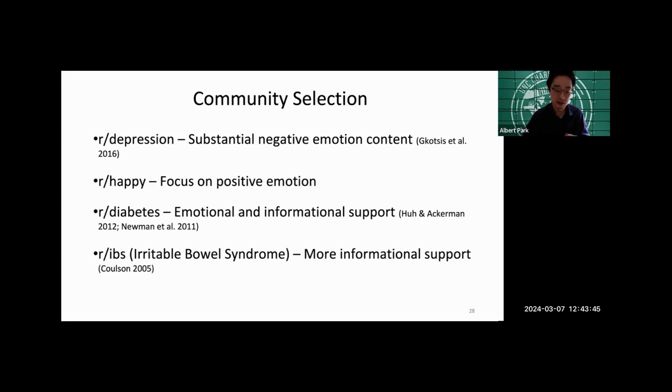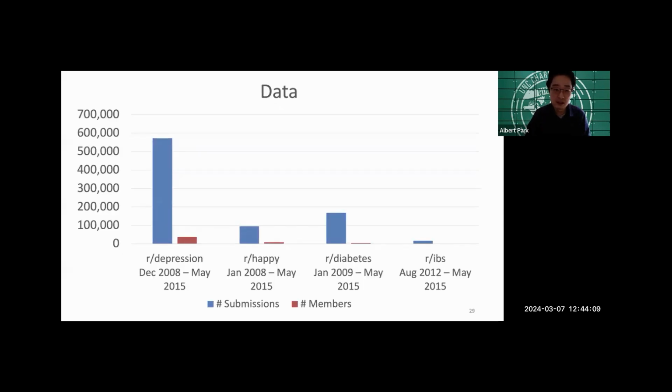Based on their makeup of support, I selected Happy, because it has a lot of positive emotion, Diabetes, which is suggested to have both emotional and informational support, and IBS, because a study suggests it has mostly informational support. This is a large data set, with depression being the largest.